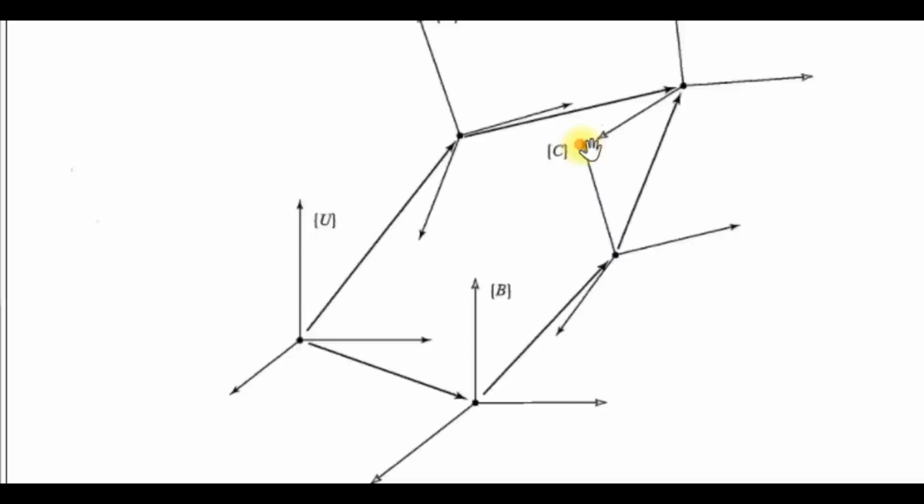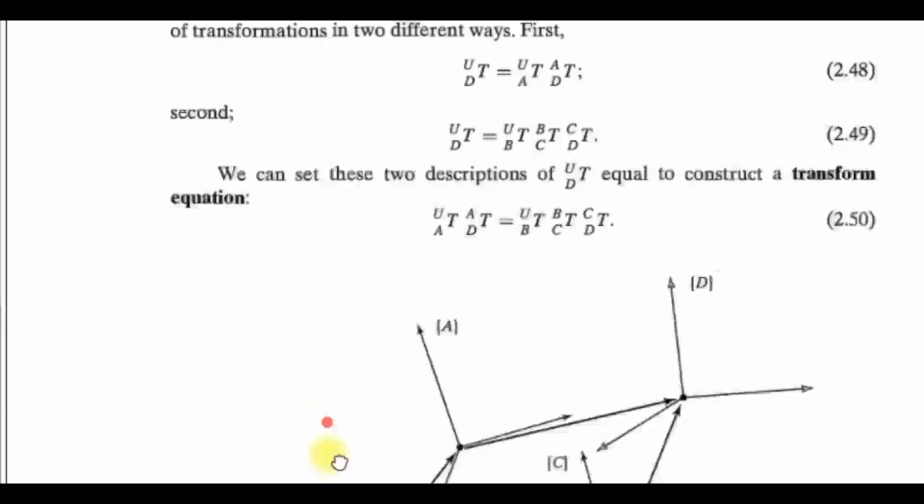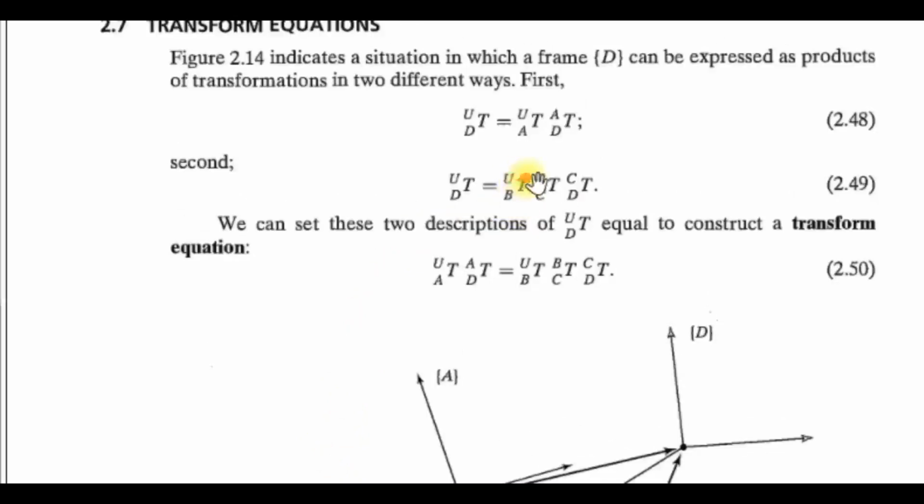Second, this C will be represented with B. So it is BTC. So BTC into CTD. Again, you have to represent the B with respect to U. So it is UTB, BTC and CTD.